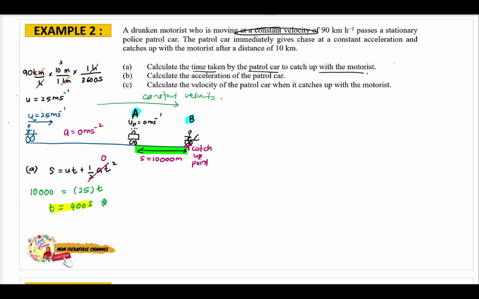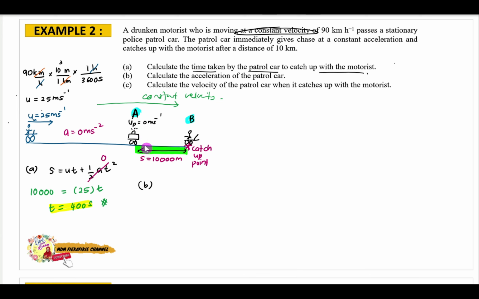And then B, calculate the acceleration of the petrol car. The motion of the car is from point A to point B, moving for a distance of 10,000 meter, and the initial velocity of the car is 0.